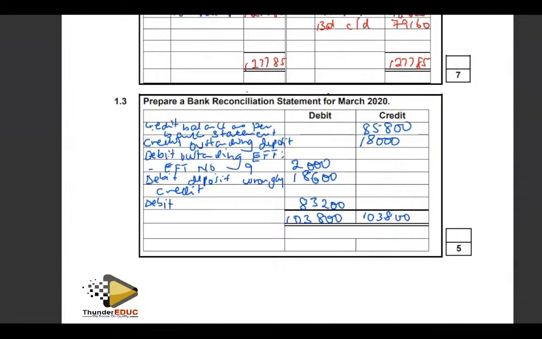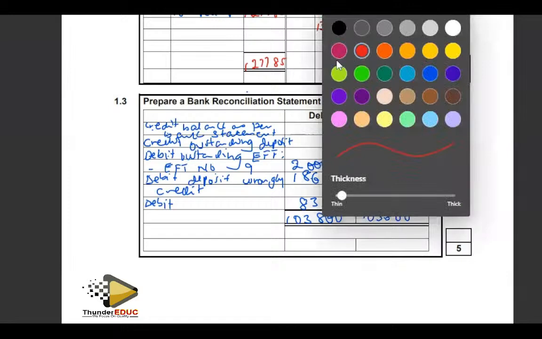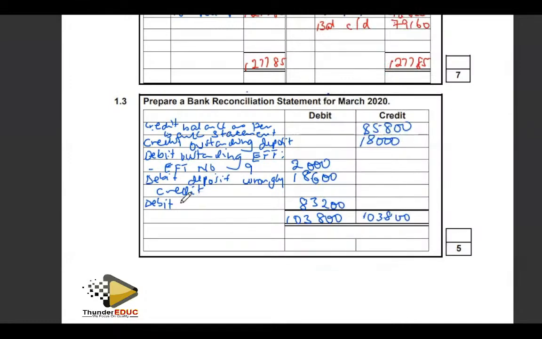So it means now we need to do what? Let me check this again. It says debit balance as per bank account. I'm using this line because I don't have enough space.